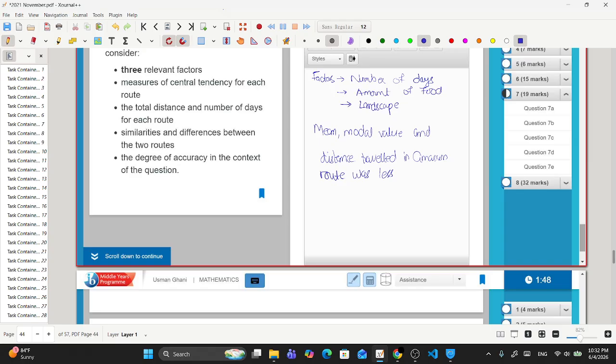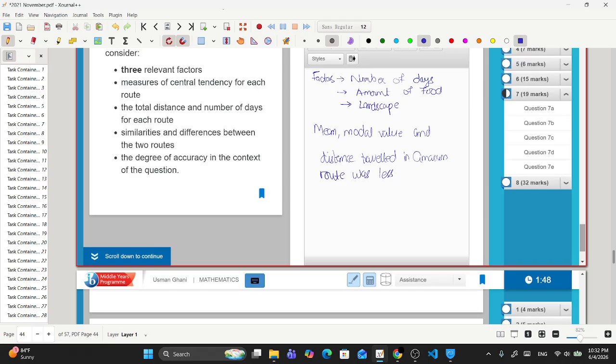This is what you can do. So this is one big major difference between them. You can also talk about the nature of these two routes, because a mountainous range is quite steep, and use words like gradient and stuff like that. So the examiner is going to give you the mark.